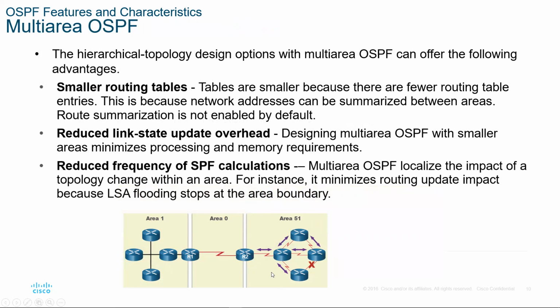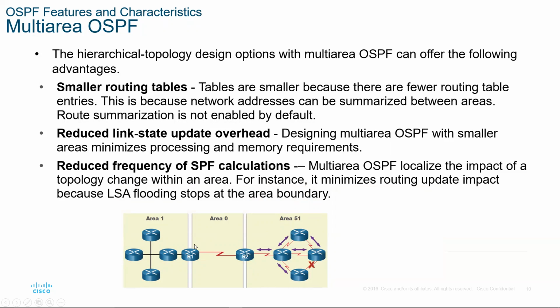So here we have a link going down in area 51, and it sends out updates for the change of the link state to all the other devices in area 51. And what they will now do is recalculate their routes based on this updated information.